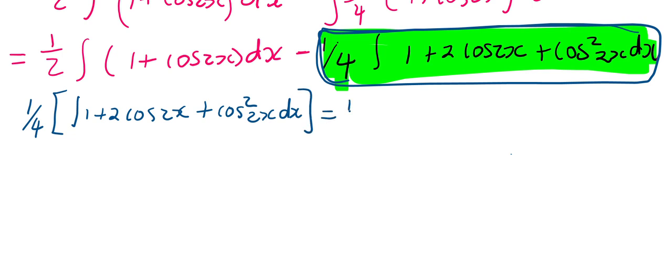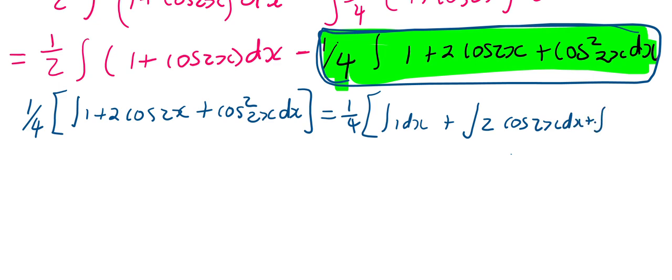So what we can do is we can just write it like this, where we say this is the integral of 1 dx plus the integral of 2 cos of 2x dx plus the integral of cos squared 2x dx.